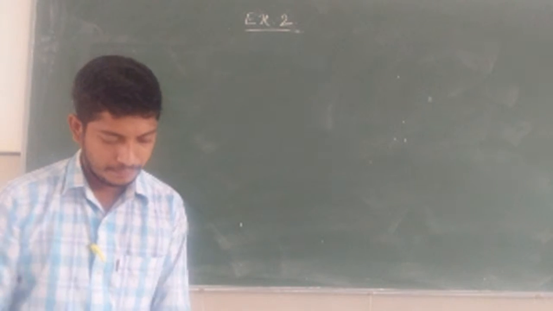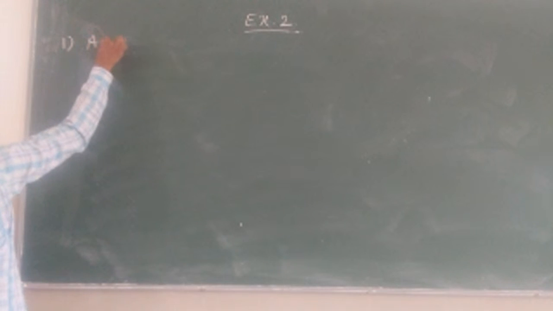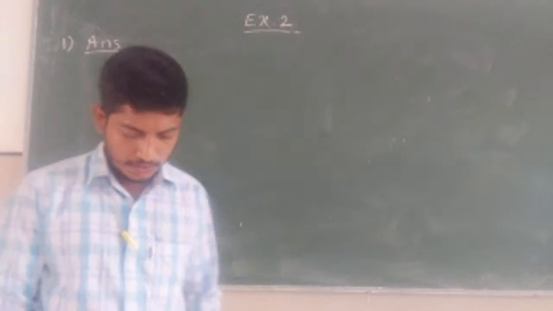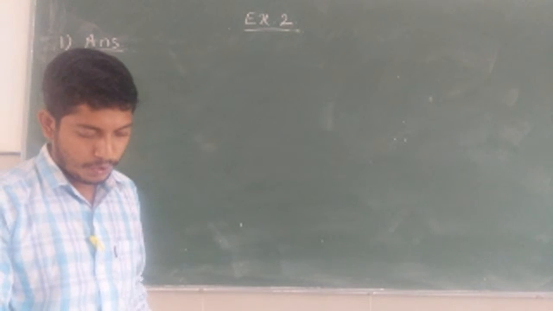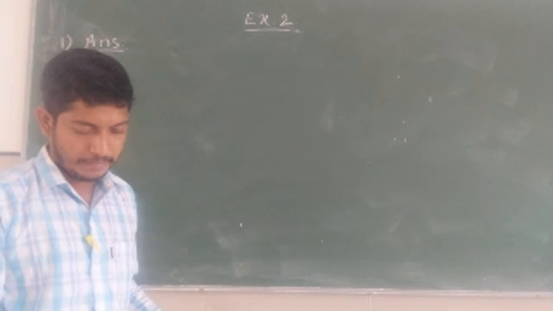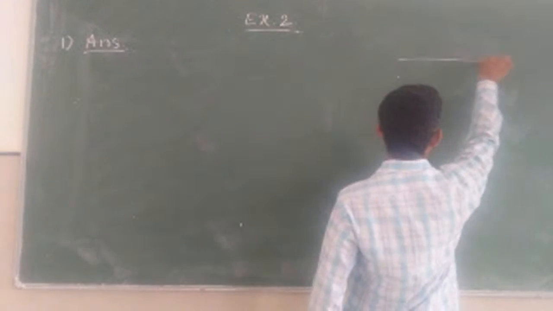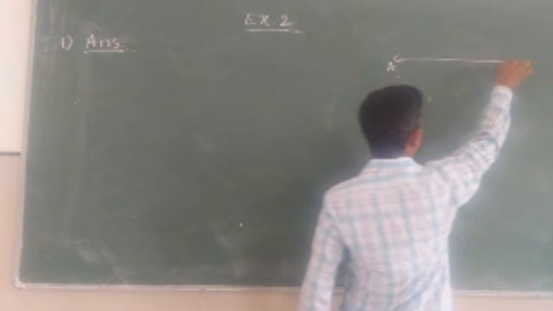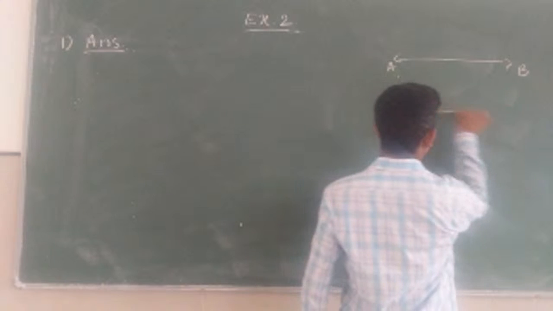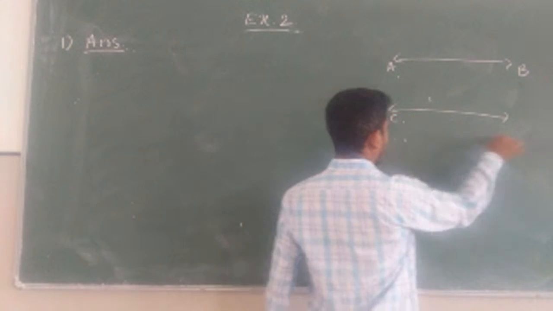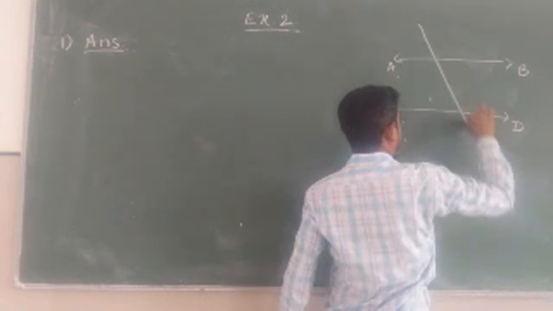So the first one: in the figure, find the value of x and y and then show that AB is parallel to CD. First I will draw the diagram. This is point A, this is point B, then another line C, then D, and one transversal.